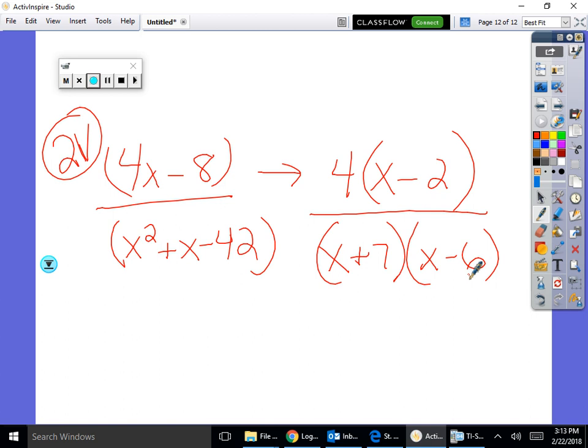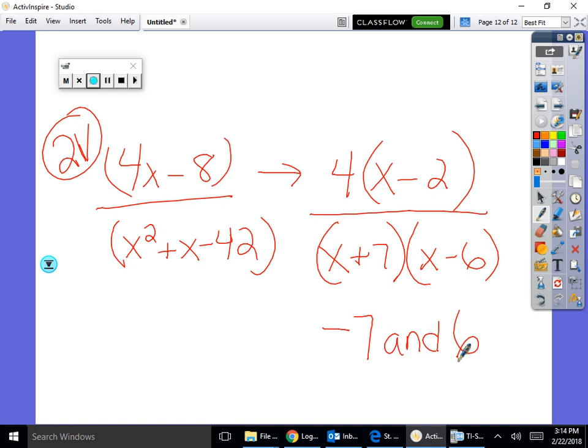Because I only have to solve for the bottom, because only the bottom makes it undefined. So what are these as solutions? -7 and 6. Okay? So it's a lot of the same skill, just asked in a different way. So they still got you to factor, they still got you to solve, right? But they did it by making it a fraction and saying, where is it undefined?